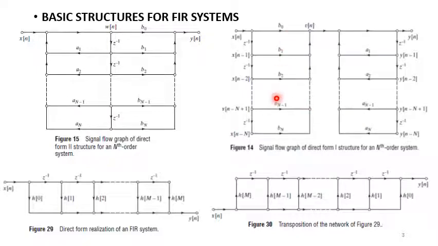We have just the zeros. On comparison, b0, b1, b2 are represented by h(0), h(1), h(2), and so on.